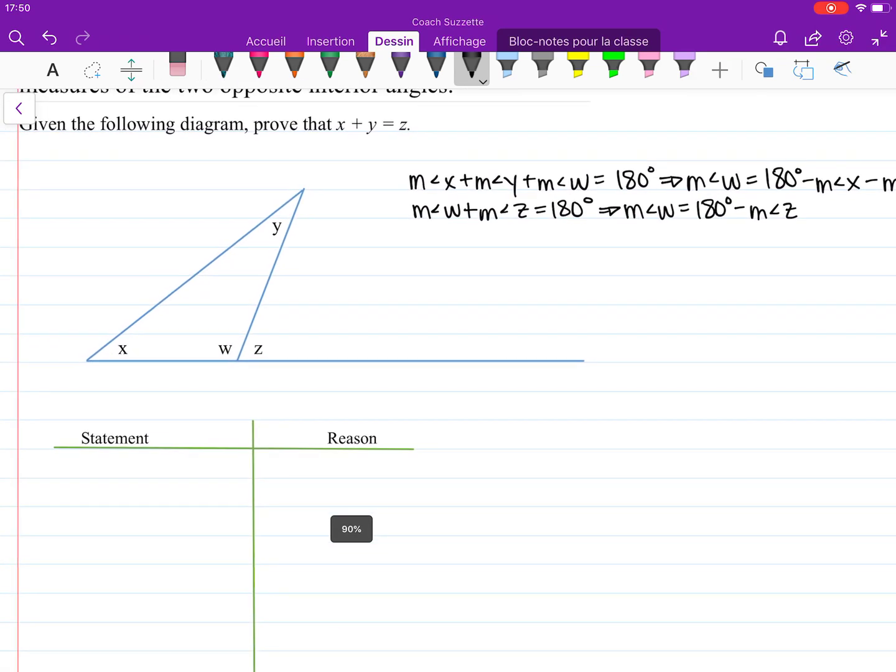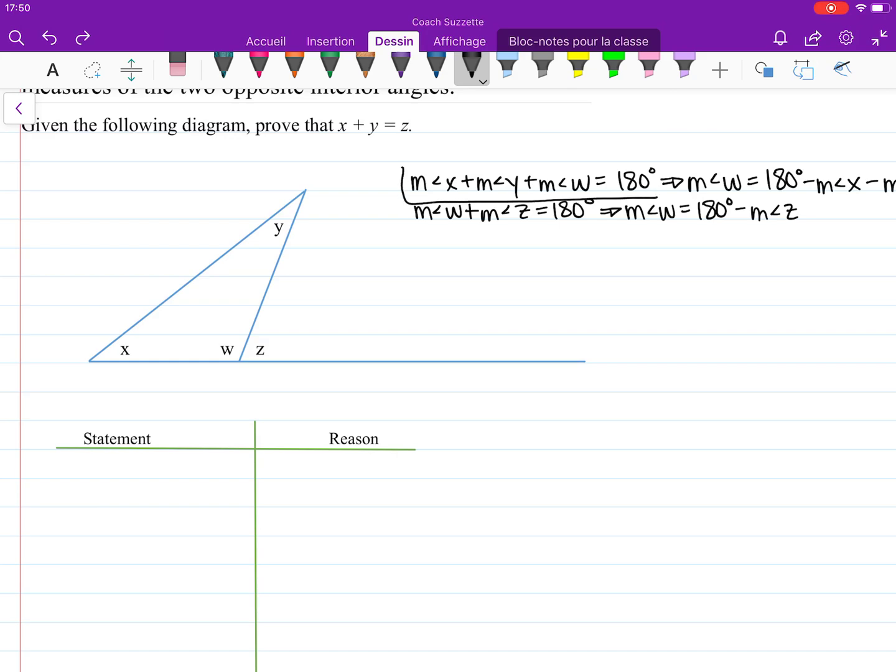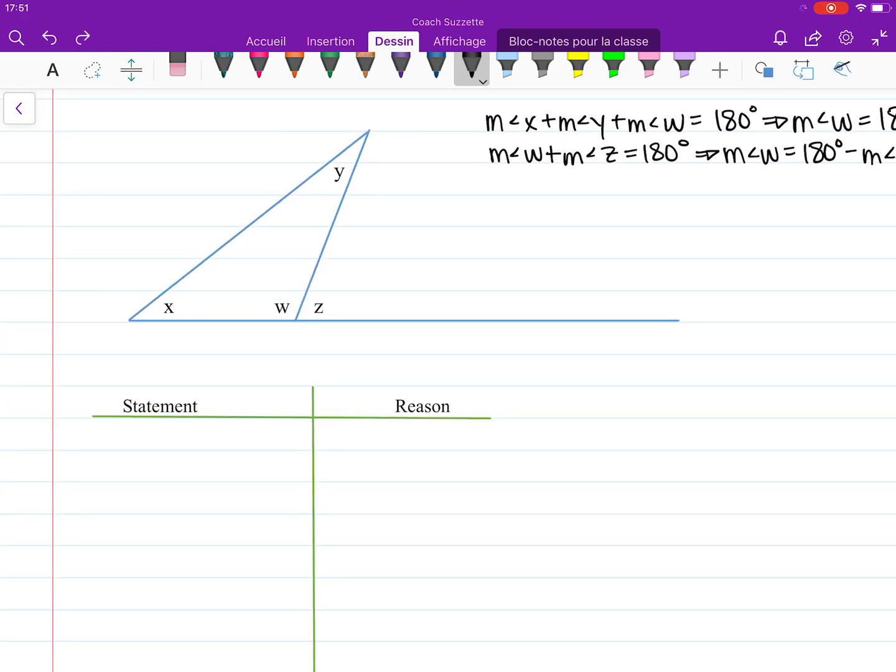Okay, let's step back and start writing in our proof. Well, we can start right here actually. Number one, measure of angle, let me go in order here. W, measure of angle X plus measure of angle Y equals 180.